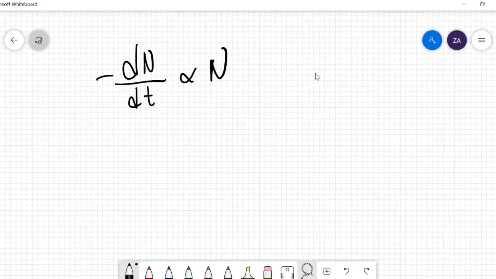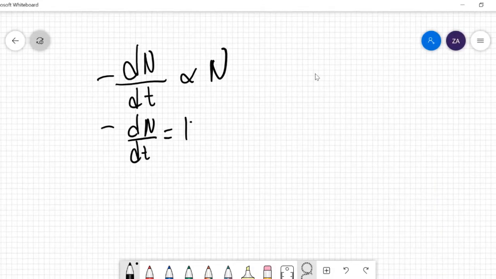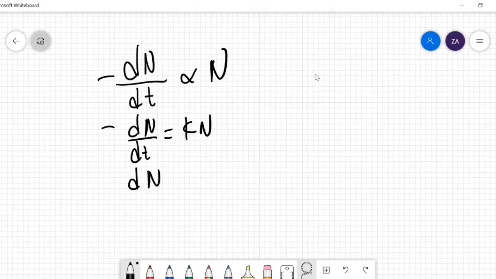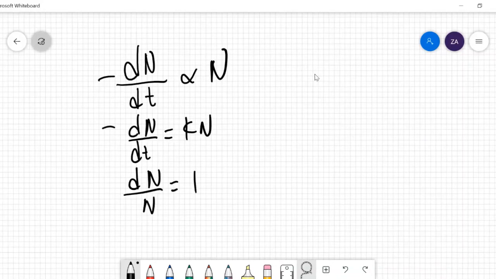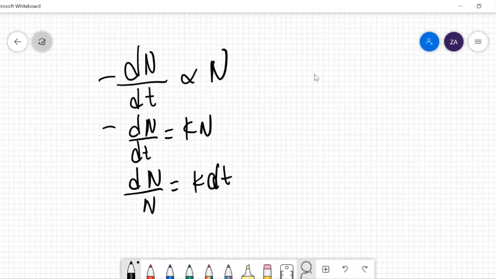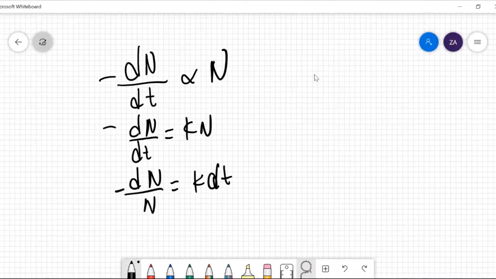So if we rearrange, we can write this expression something like this: dN/dt is equal to -kN, or we can also write it like this. Here it is negative, or we can change the negative here.